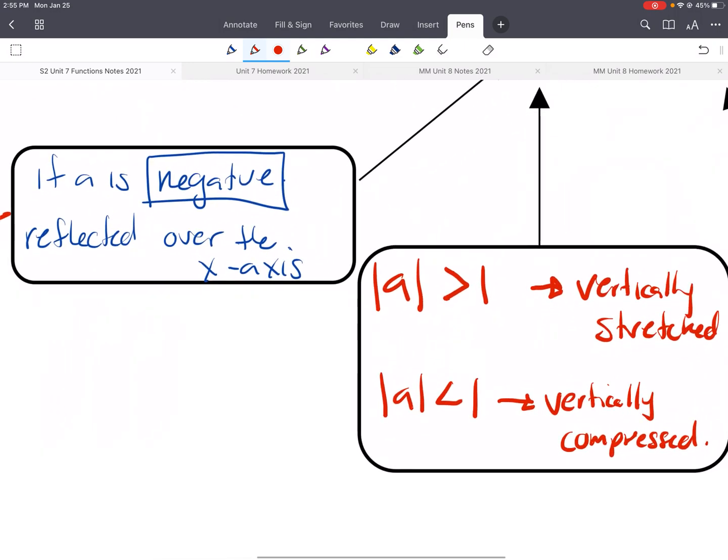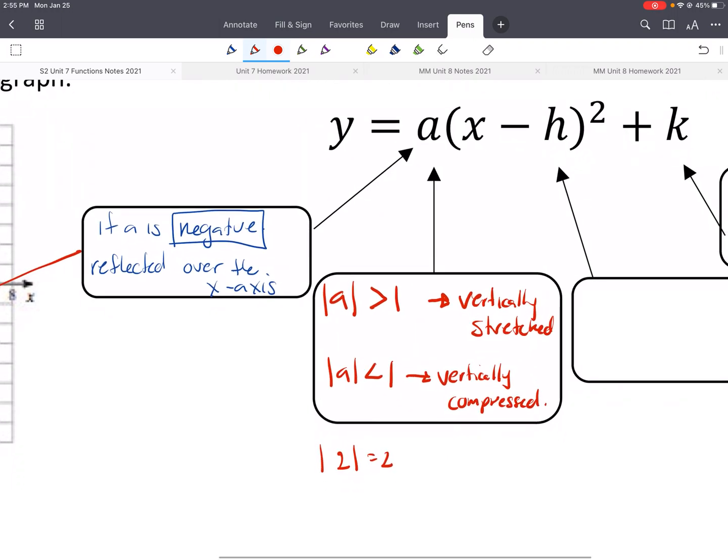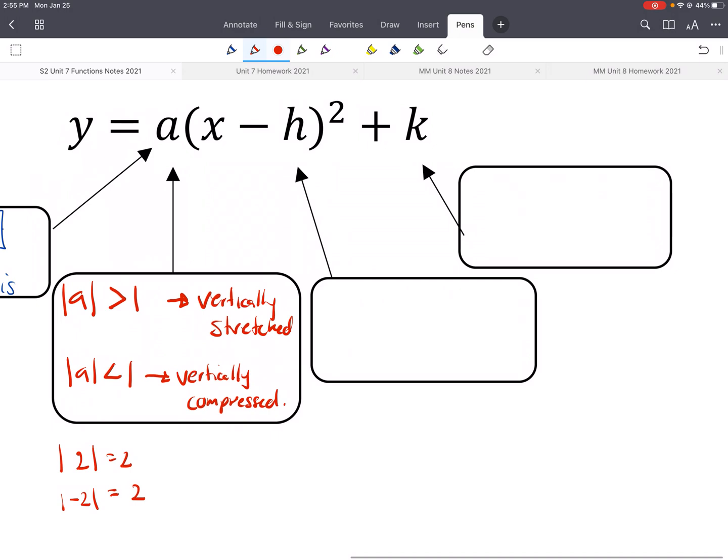And again, we put these absolute values saying that if the absolute value of 2, well, that is 2. Or if the absolute value of -2, well, that is still 2. So we're really just looking at the number, not so much the sign. The sign has to do with it being reflected. All right? And then we have our h and k, which we pretty much already know what that is because it gives us our vertex, right?